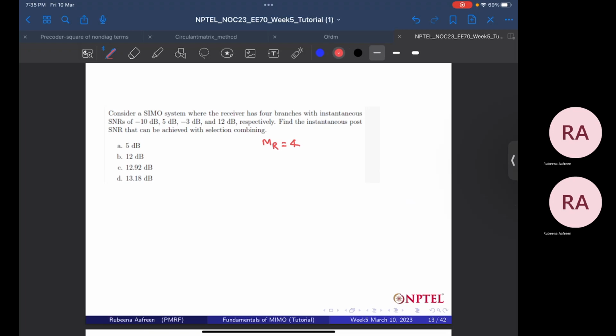Find the instantaneous post SNR that can be achieved with selection combining. So what happens in selection combining is that only one channel is selected, right? So it will select the channel having the maximum power. So 12 dB would be the answer, right?